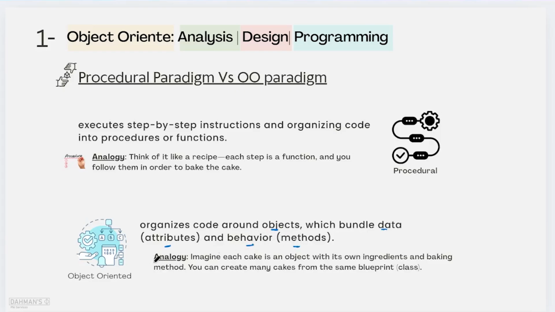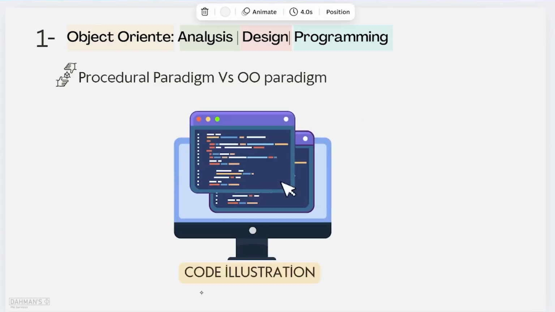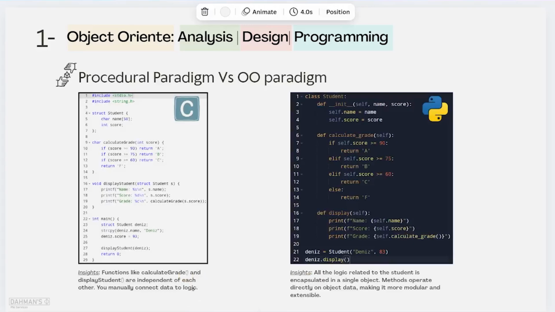Now, from an analogy perspective, again on the same example of making a cake, I want you to imagine that each cake you produce has its own ingredients and baking methods. So it is not like one specific recipe you follow one by one. Perhaps this is a little bit vague to explain, but let me show you an illustration with specific code from two different languages.